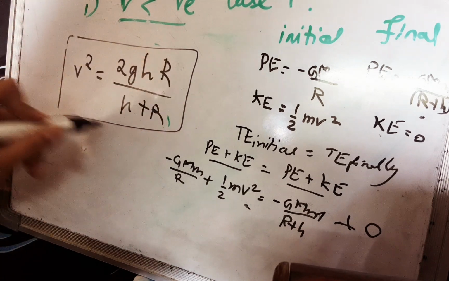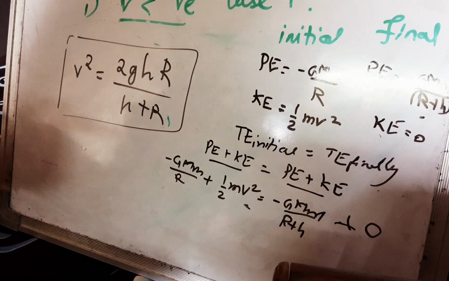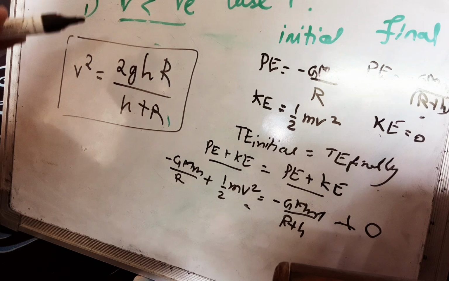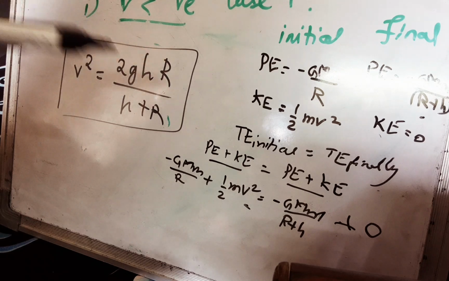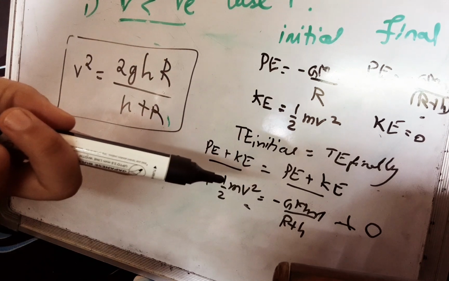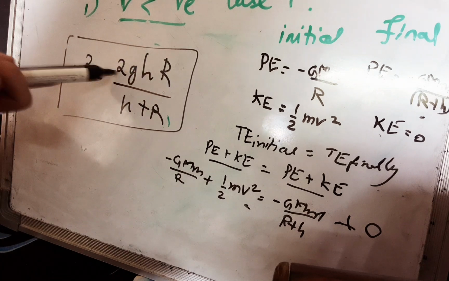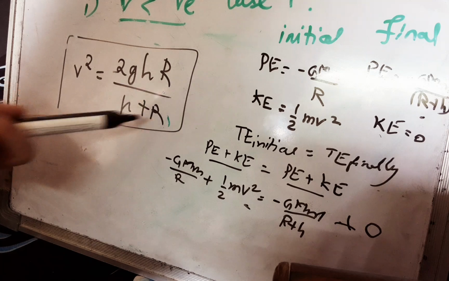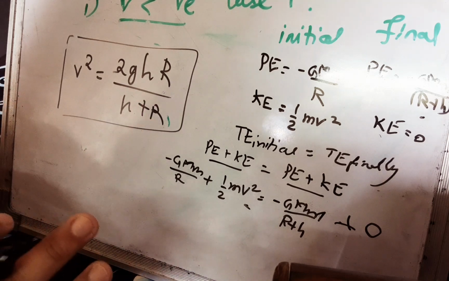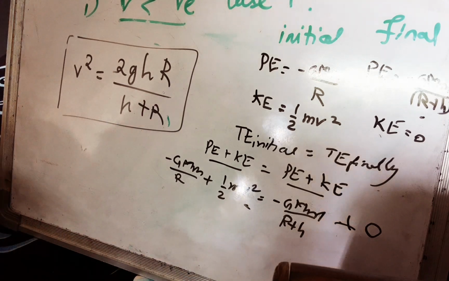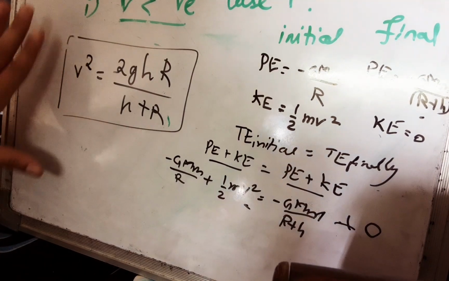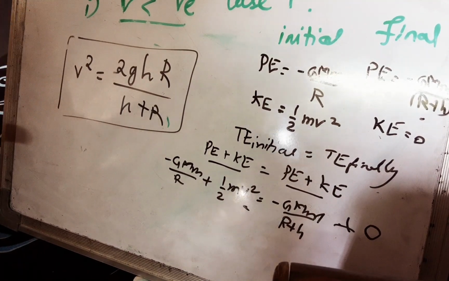They will tell you that one body is projected with less than escape velocity and it reaches up to a height h from the surface of the earth, now tell what was that velocity. Only in this term, 2ghr upon h plus r, will the answer be in the options. Very few cases they will ask numericals on this.